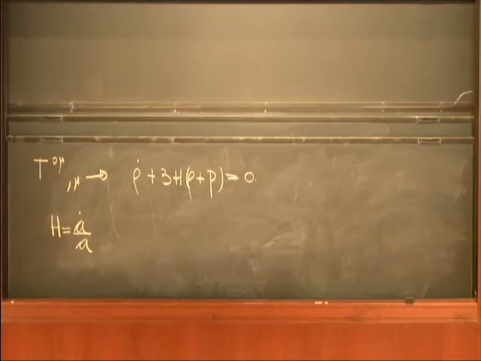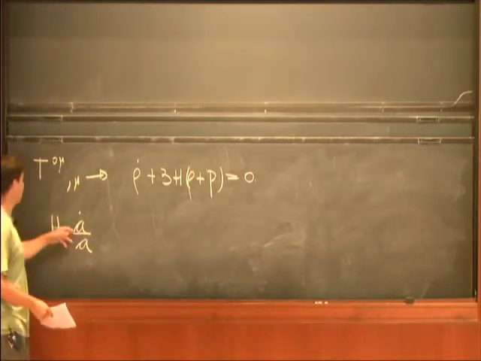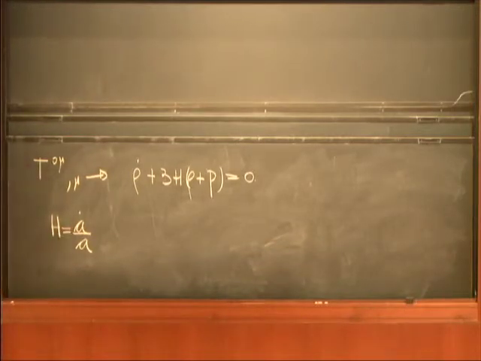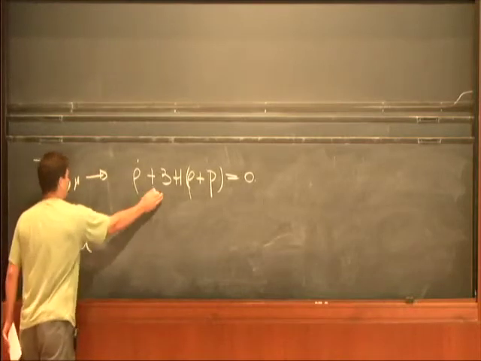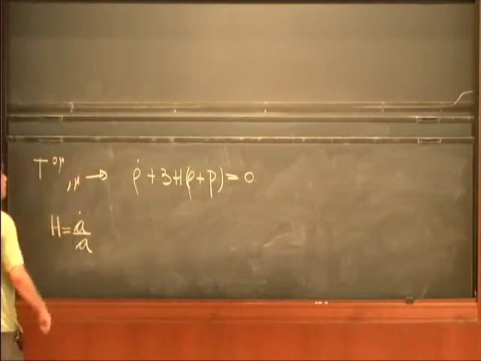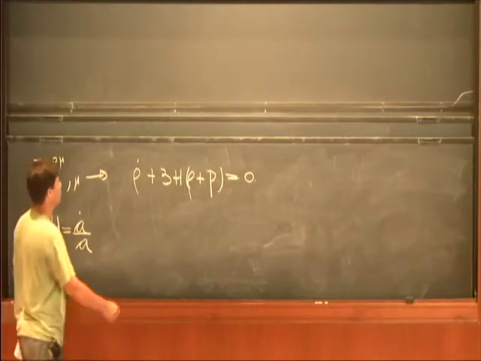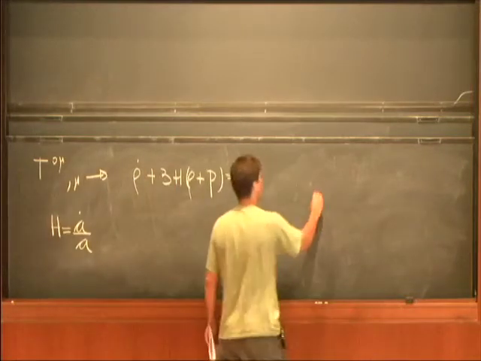The current value of the Hubble parameter is usually called the Hubble constant.